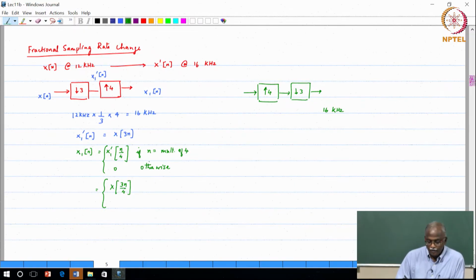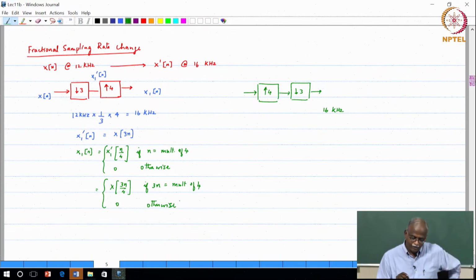What is the condition? This condition will hold if n is a multiple of 4, and equal to 0 otherwise.